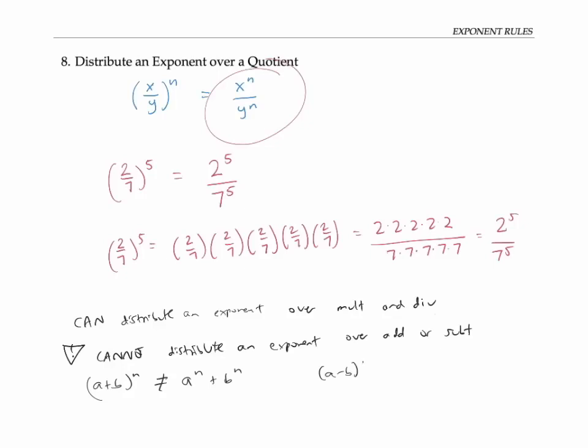A minus b to the n is not generally equal to a to the n minus b to the n. And if you're not sure, just try an example with numbers. For example, 2 plus 3 squared is not the same thing as 2 squared plus 3 squared. And 2 minus 3 squared is definitely not equal to 2 squared minus 3 squared.